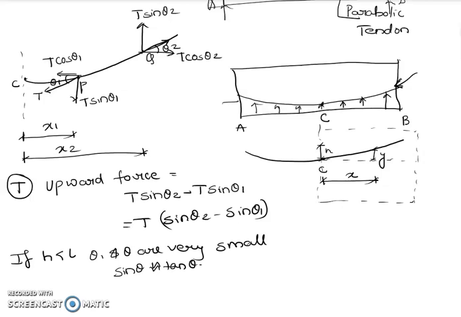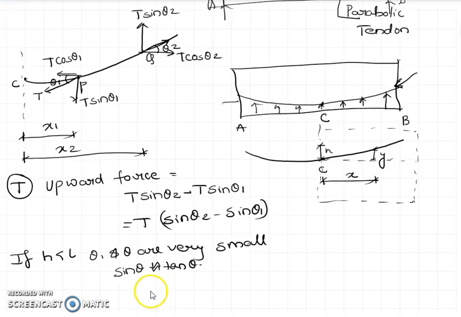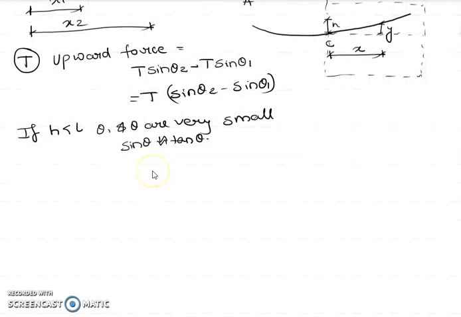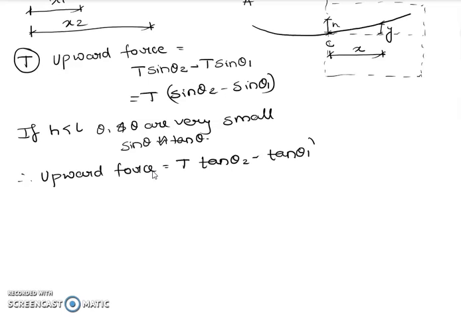So instead of sin theta, we will take tan theta. So the equation for the upward force will be equal to T (tan theta 2 minus tan theta 1).